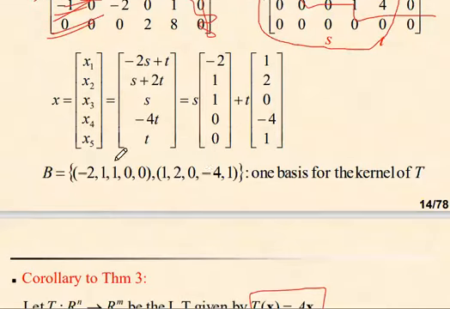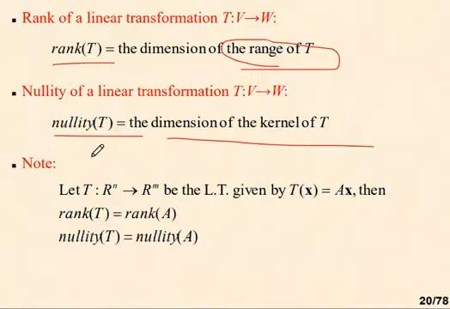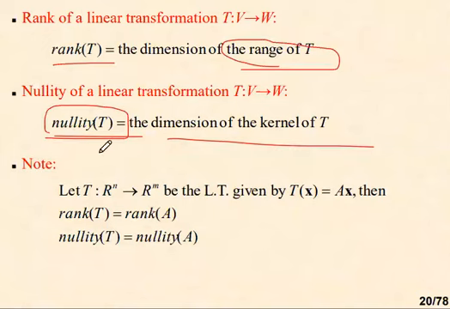The dimension of this one is 2. The dimension of the kernel of T is 2, which is equal to the nullity of T. These are definitions. The rank is the dimension of the range of T. Nullity of T is the dimension of the kernel of T.